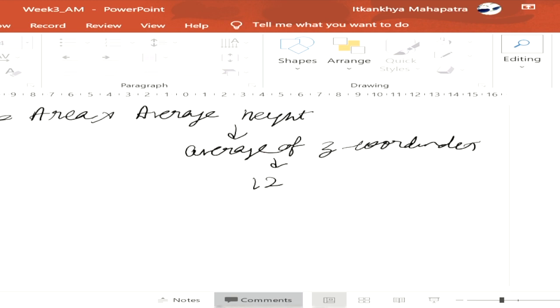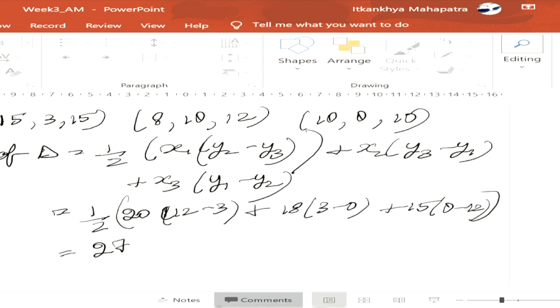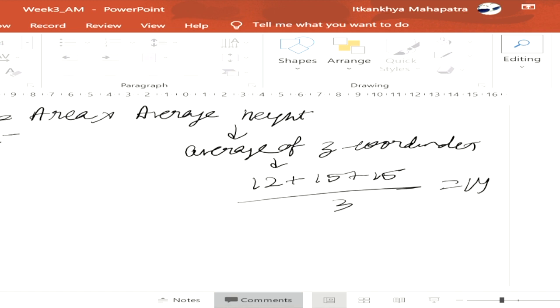This will be 12 plus 15 plus 15 by 3 is equal to 14. Now volume of triangle 1 is equal to area, which we just got, 27, into average height 14. This will be 378.